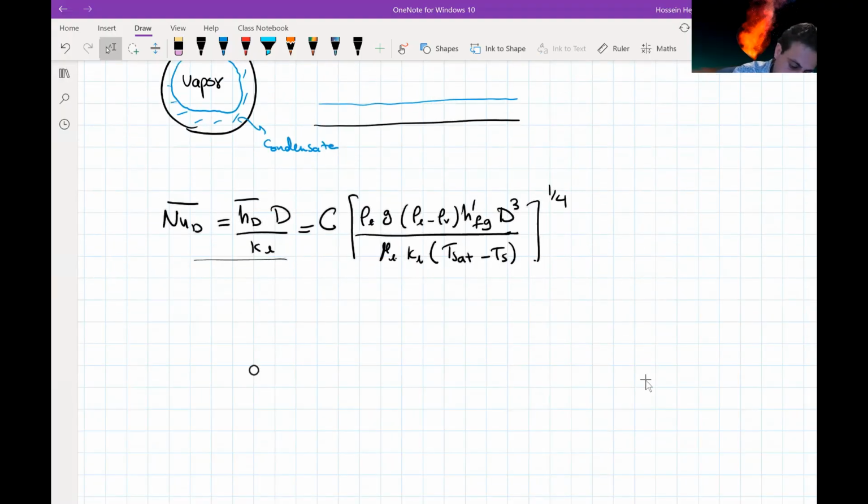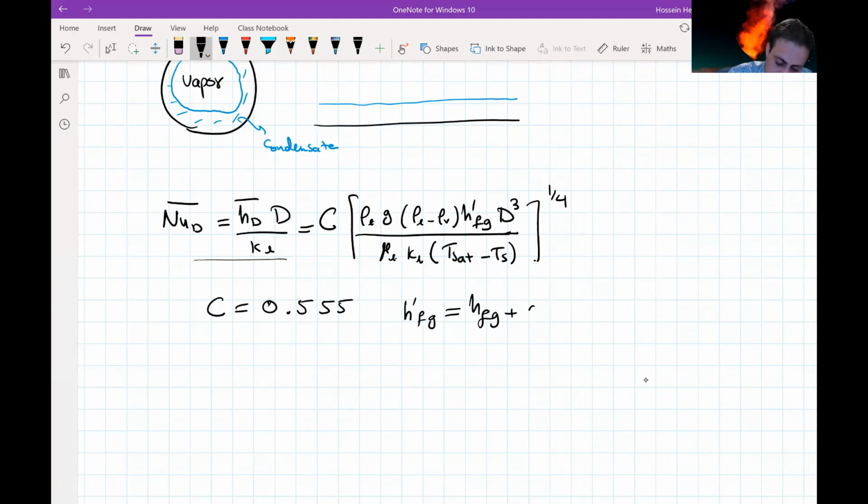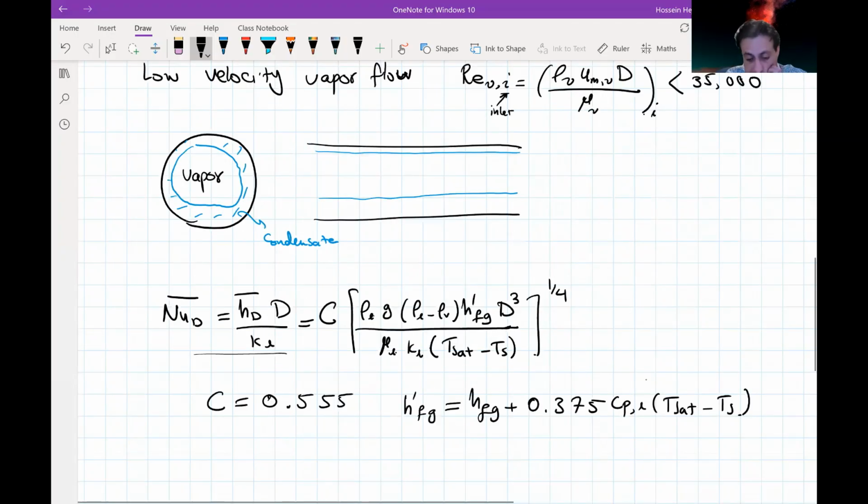Here C would be 0.555, and the definition of h'_fg is a little different: h_fg plus 0.375 c_p,L (T_sat minus T_s). So this is for the low velocity of the vapor.